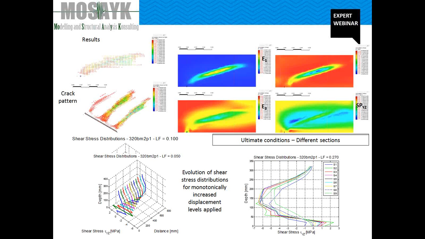Here, a numerically predicted web shear failure mechanism and the numerical crack pattern at ultimate condition are shown. Furthermore, the evolution of the principal tensile and compressive strain distribution is shown.